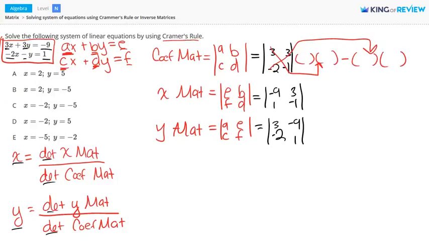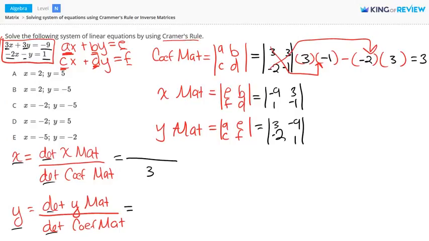So here the main diagonal is 3 and -1, and the other diagonal is -2 and 3. So 3 times -1 minus -2 times 3. If you work this out, this is equal to 3. So the determinant of the coefficient matrix is 3.